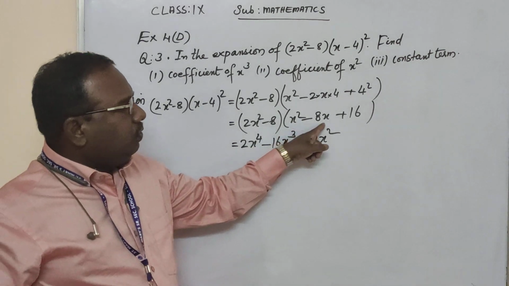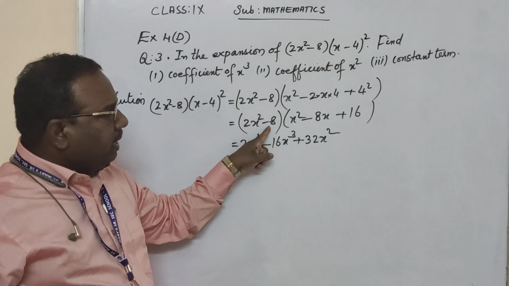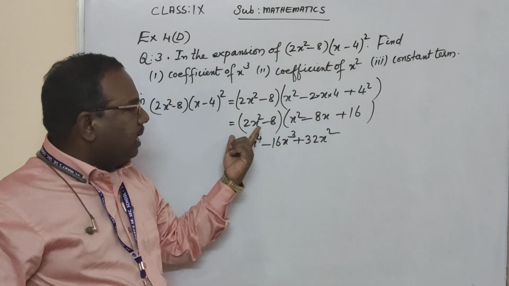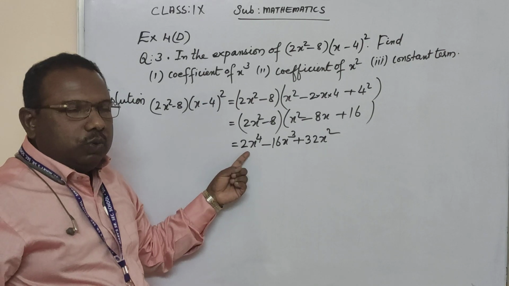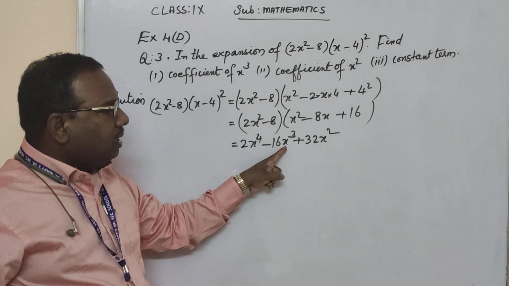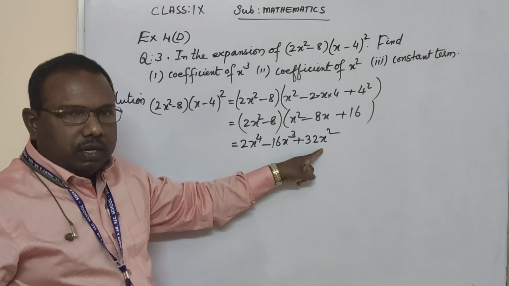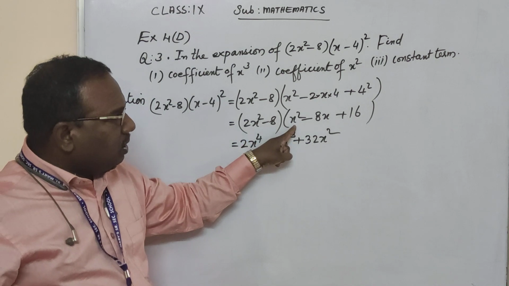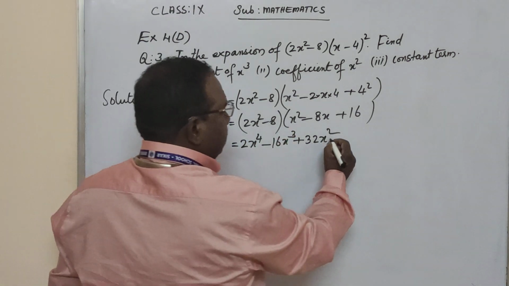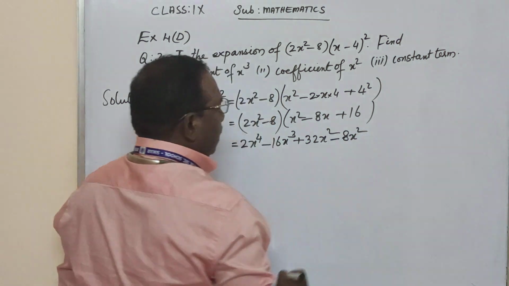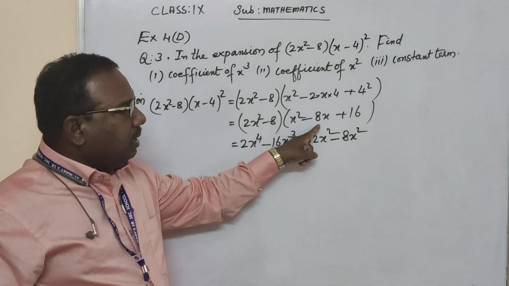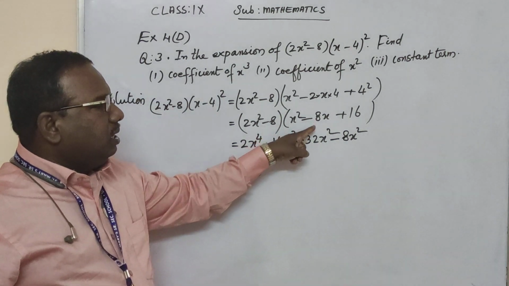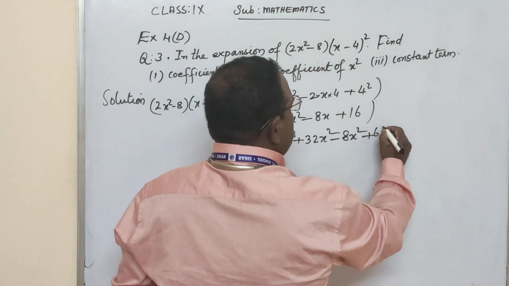Again let's multiply each of these three terms by −8. First of all, we multiplied each of these three terms by 2x², so that we get 2x⁴ − 16x³ + 32x². Now let us multiply each of these terms by −8. −8 into x², −8x². Again, −8 into −8, minus into minus plus, 8 into 8, 64, plus 64x.